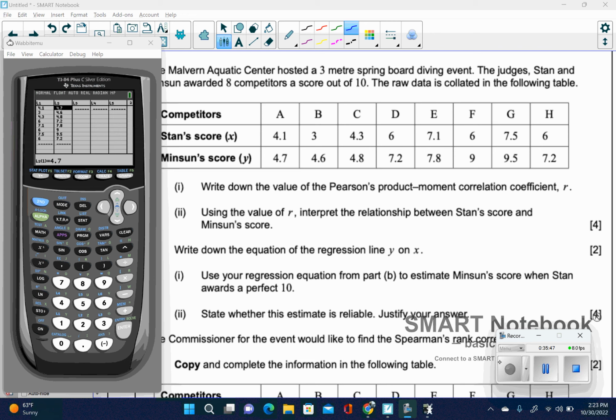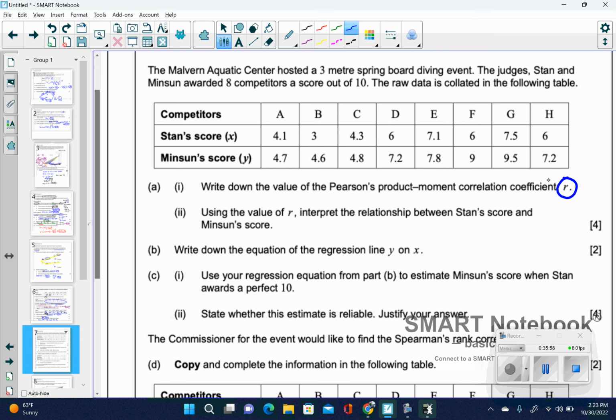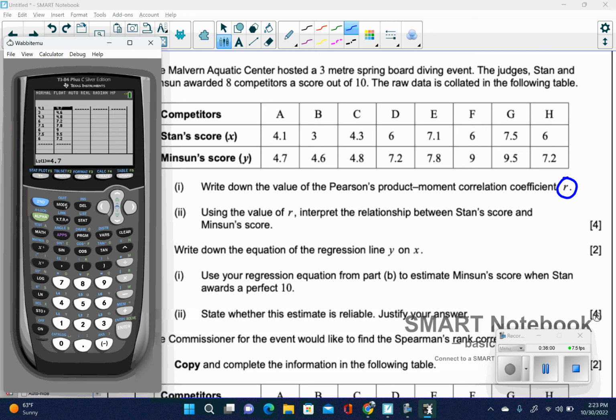Alright, I did a better job this time of pausing the video so I can plug the numbers in. Once you plug the numbers in, since we're looking for the R value, you need to make sure that your diagnostic is on. So you're going to hit mode, go down to the bottom, stat diagnostics, and make sure that it's on. Go over to on and hit enter, and hit enter.